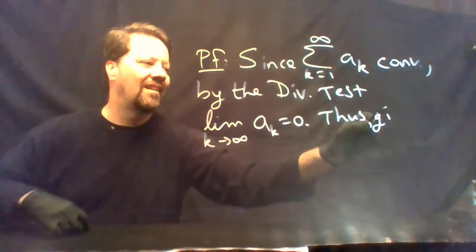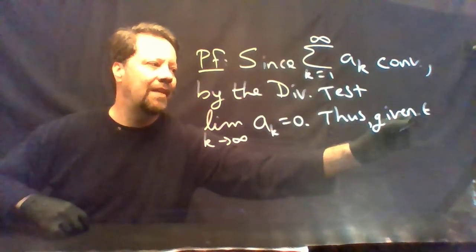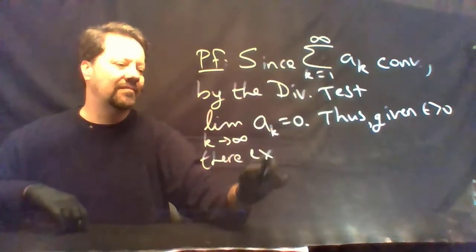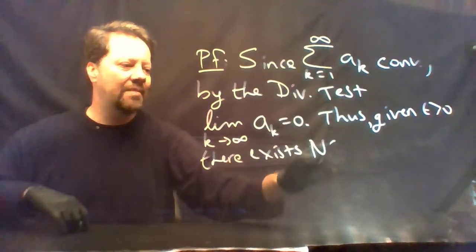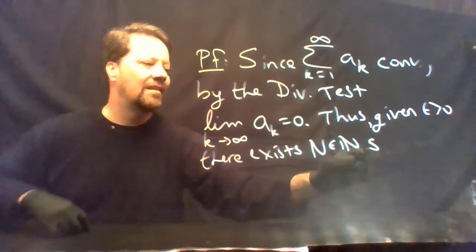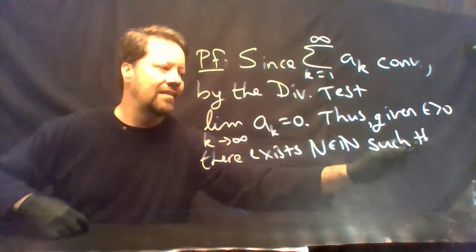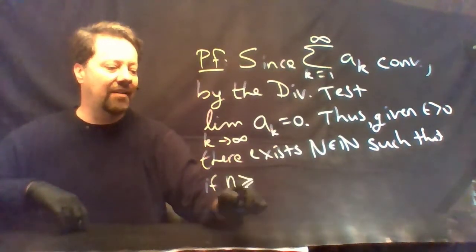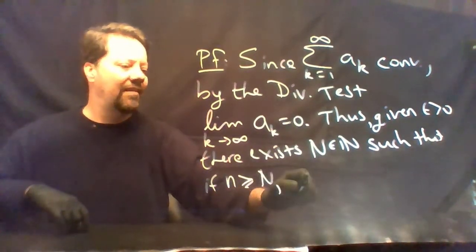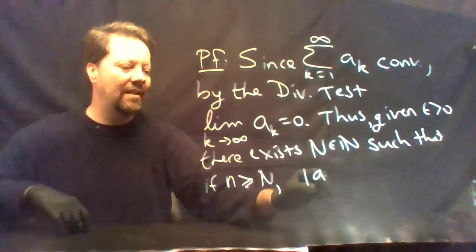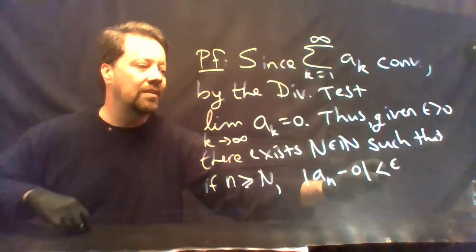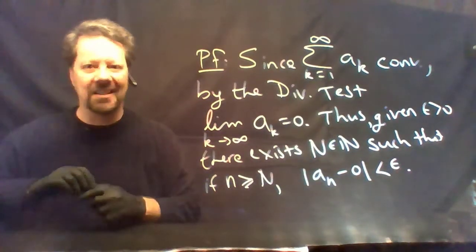Thus, given epsilon greater than 0, there exists some natural number n such that if you go far enough out, then the distance between a sub n and the limiting value of 0 will be smaller than epsilon.